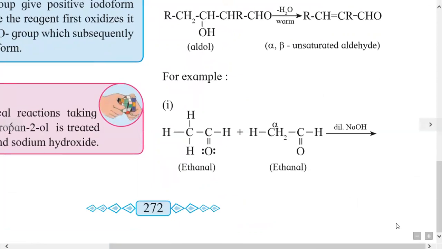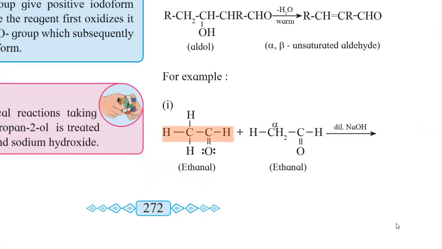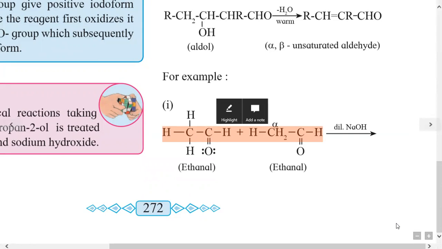unsaturated aldehyde. Now the particular example: this is ethanal, that is acetaldehyde, one molecule, and the second molecule of ethanal, so it contains alpha carbon.